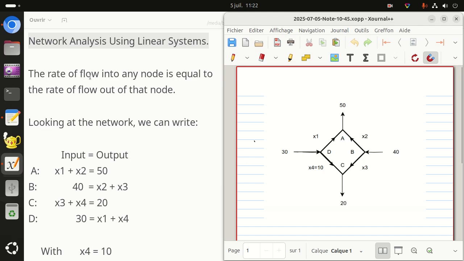The rate of flow into any node is equal to the rate of flow out of that node.